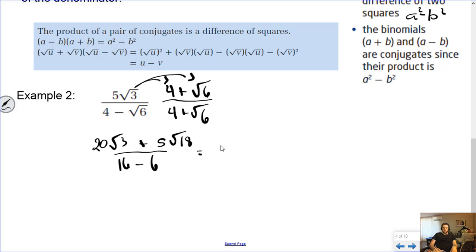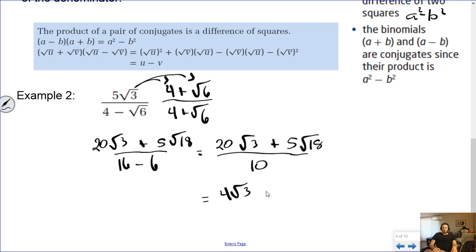So then what I'm left with is 20 root 3 plus 5 root 18 over 10. And again, the nice thing here is that we have a common factor of 5, so I can simplify this even further to say that this is 4 root 3 plus root 18 divided by 2.